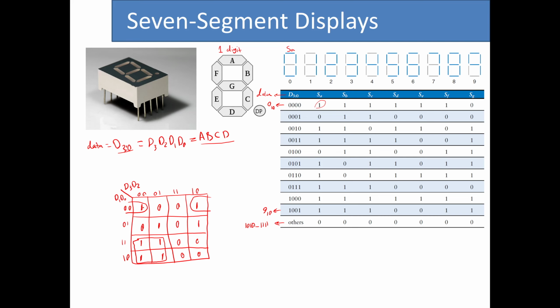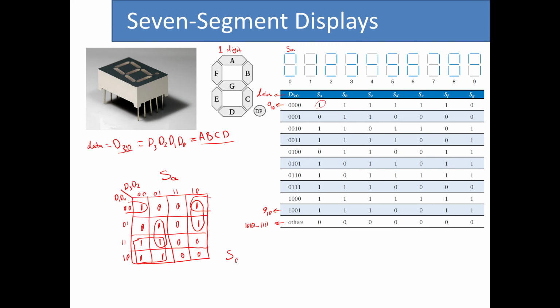You can do the same for this one and this one as well, right? Either of them is fine. The function that you come up with is going to be slightly different, but both of them are correct. Then you can have these two in a circle, and finally for this one you can have these two in a circle. So this one is for SA.